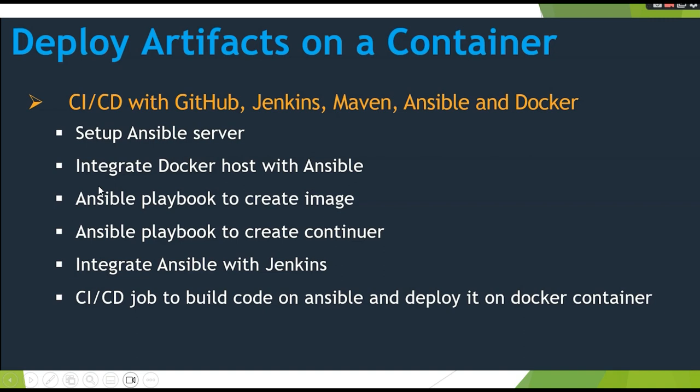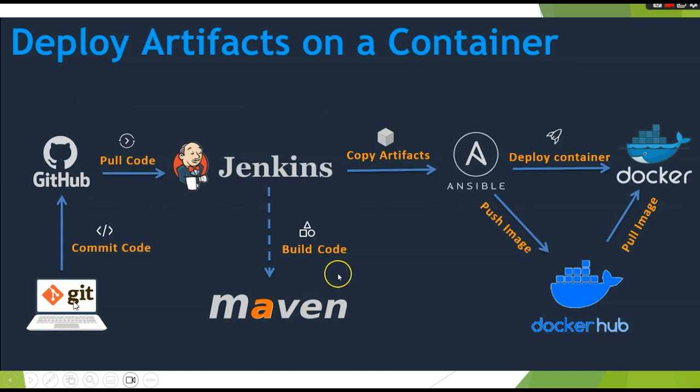Set up an Ansible server, integrate the Docker host with Ansible, write an Ansible playbook to create an image, an Ansible playbook to create and containerize, integrate Ansible with Jenkins, and a CI/CD job to build on Ansible and deploy to the Docker container.